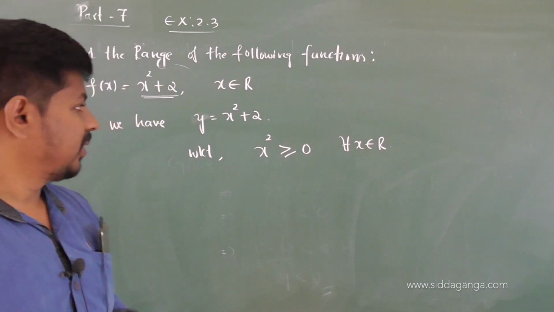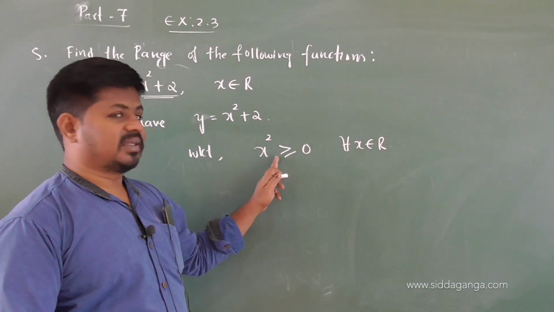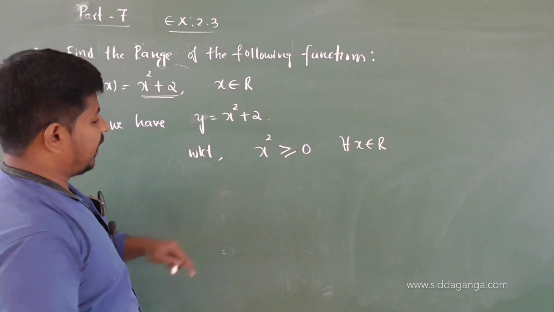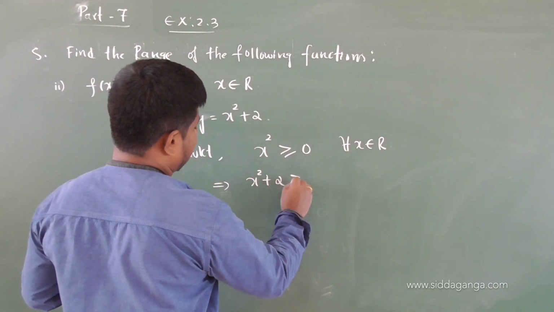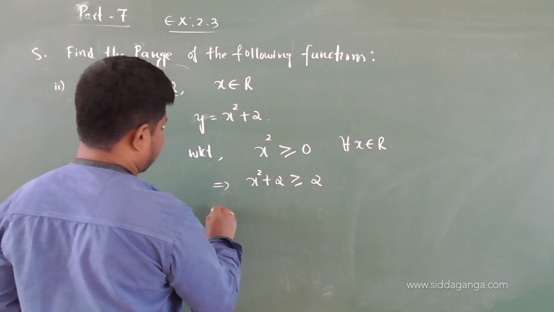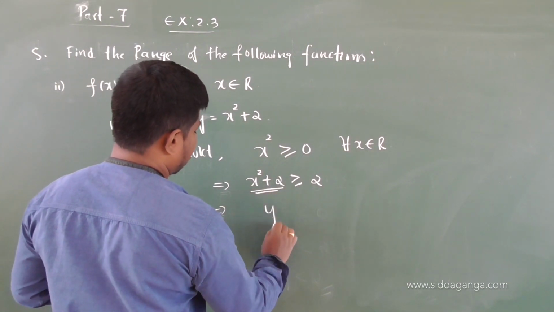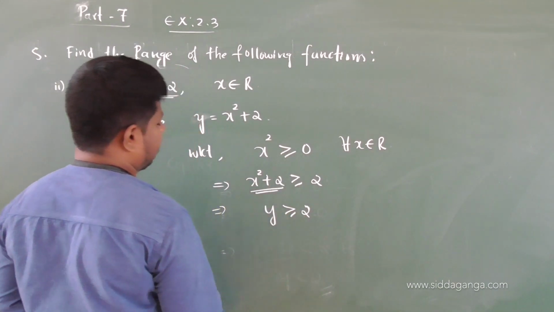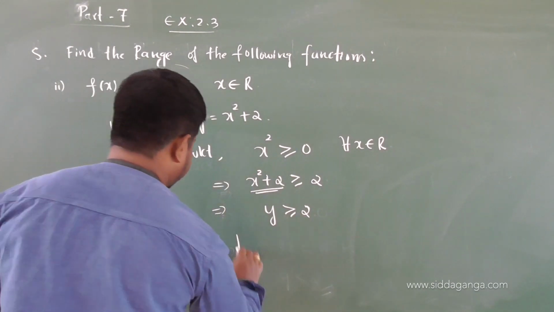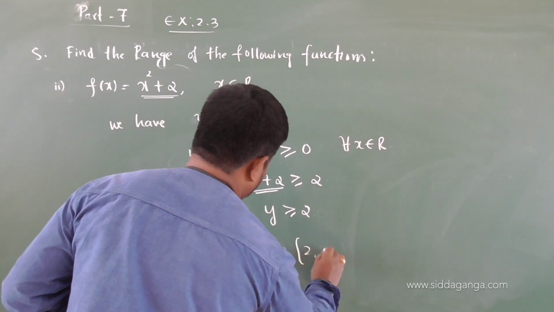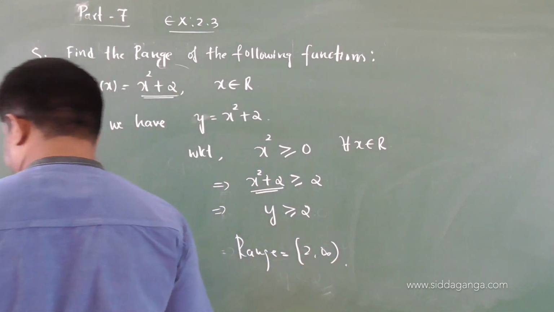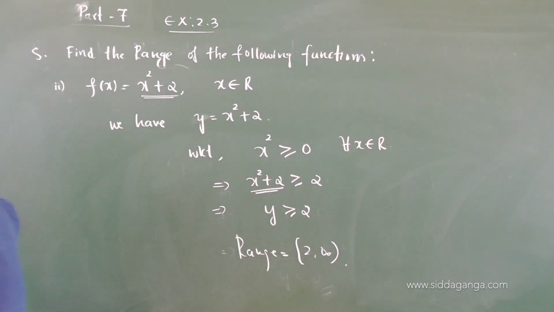So I have written that for any real number, x square is greater than or equal to 0. I am adding 2 on both sides. You get x square plus 2 is greater than or equal to 2. So y is greater than or equal to 2. You mean the range is 2 to infinity. That's it. 2 to infinity.